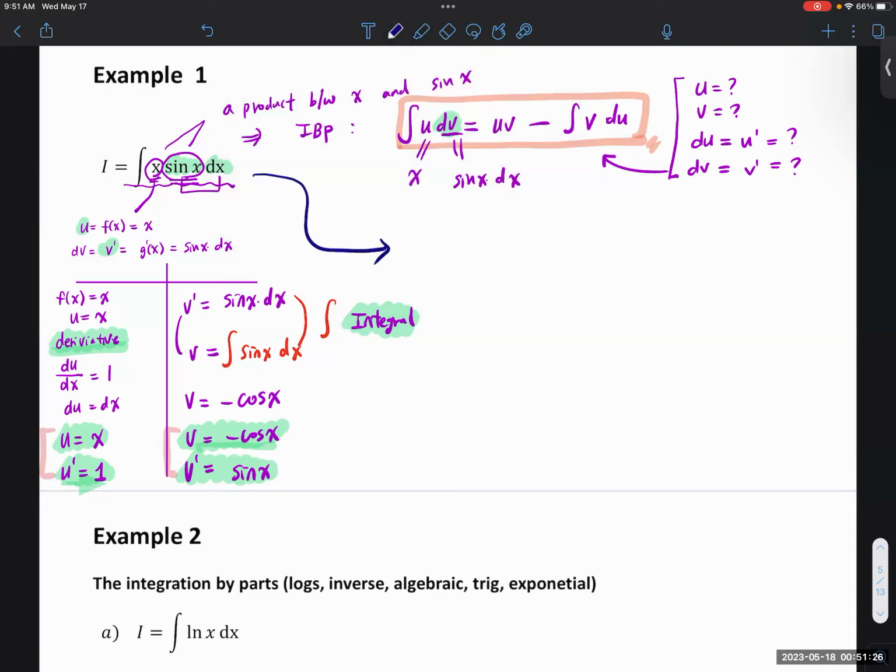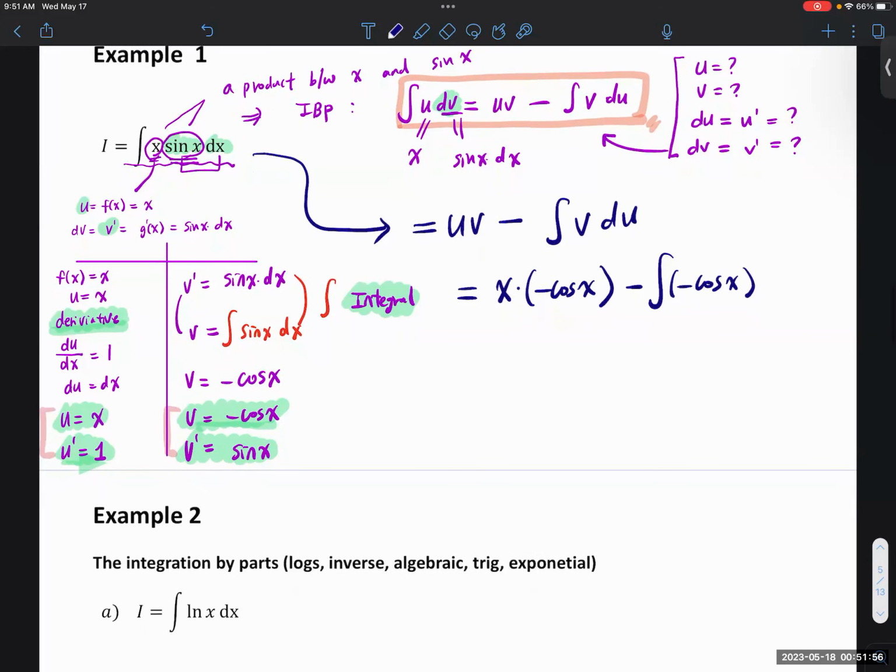So the integral of u dv is equal to uv minus the integral of v du. Correct? So u, we already know, is x. v, we have negative cosine x, minus the integral of v, which is negative cosine x, and then du, that's actually your u prime.